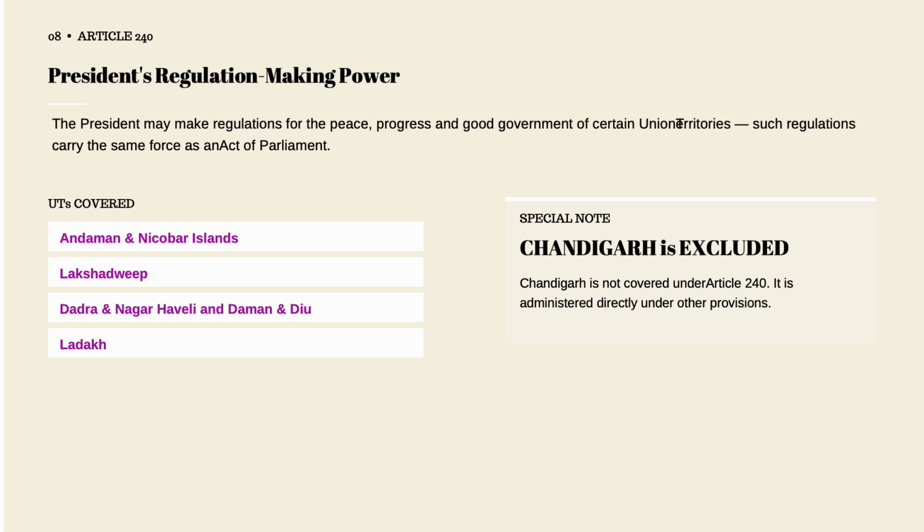Maybe because it's very unique in the sense that it's a metropolitan city, and usually Chandigarh's lieutenant governor is the governor of Punjab. So they did not give the president the regulation making power in the Union Territory of Chandigarh. So the Union Territory that's excluded from Article 240, if they ask you, is Chandigarh. Okay, no specific reason has been given.